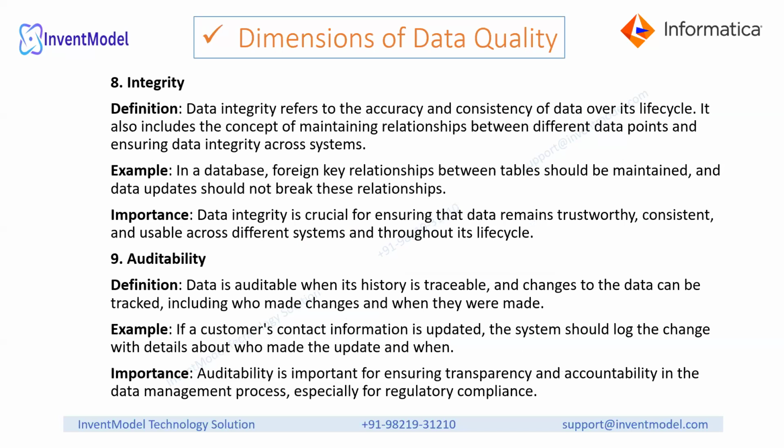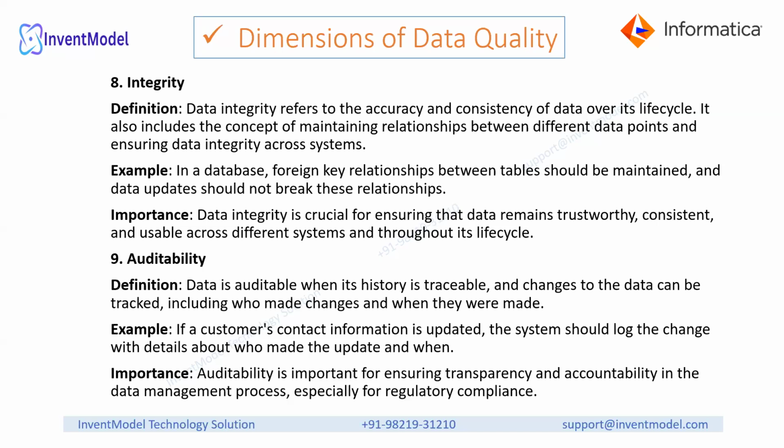Next dimension we have is called integrity. This is very important. Integrity means that once we define a primary key and foreign key between two tables, we have foreign key integrity, the foreign key constraint. Suppose we have address information and we are adding a customer. The address ID present in the customer table should match the address ID in the address table.